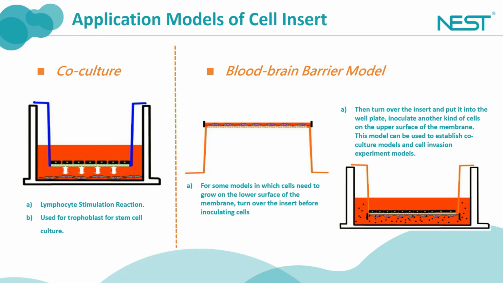To establish a blood-brain barrier model, turn the cell insert over and inoculate one type of cells on the lower surface of the membrane. Then turn the insert back over and put it into the cell culture plate, and then inoculate the second type of cells in the insert. The two cell types form a symbiotic status. It is a very critical blood-brain barrier model.